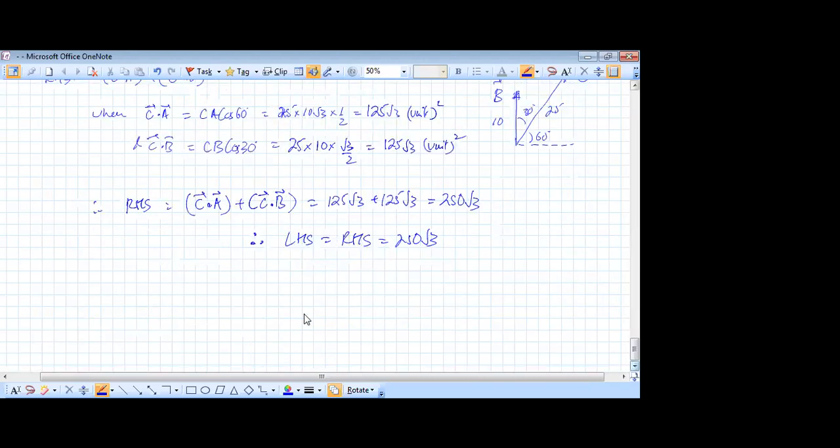So that is giving a sort of way of proving that C dot of the vector sum of A and B is one and the same thing as C's dot product with A added to C's dot product with B, hence demonstrated.